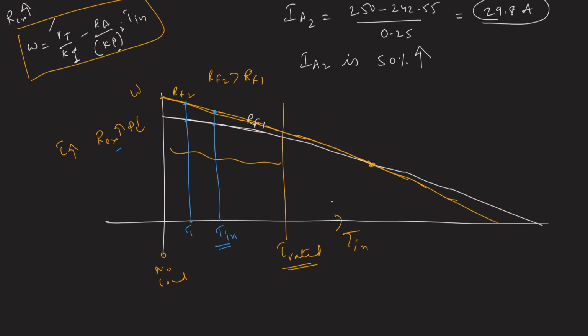Now, as the loading increases till the machine stalls, these graphs cross over like this. Now the white graph shows the actual plot without external resistance, and the yellow graph shows the plot with external resistance.